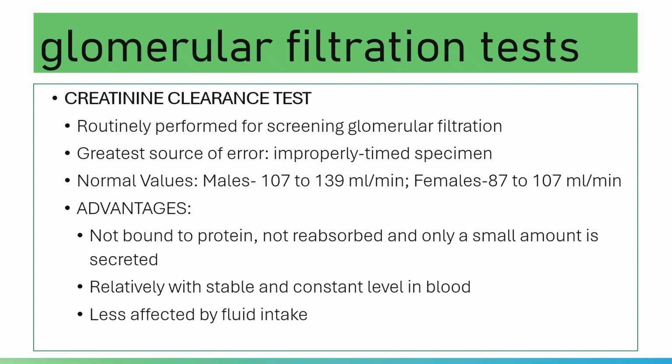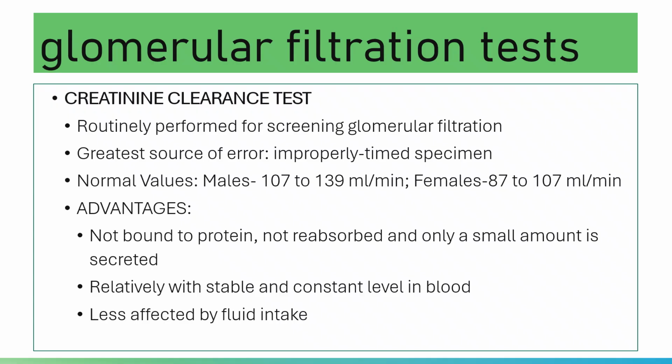And yes, during the process, it is converted into creatinine. So your creatinine is a waste product of muscle metabolism, and it is normally found at a relatively constant level in the blood.